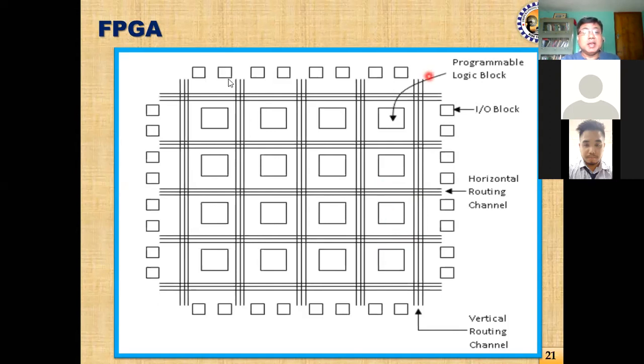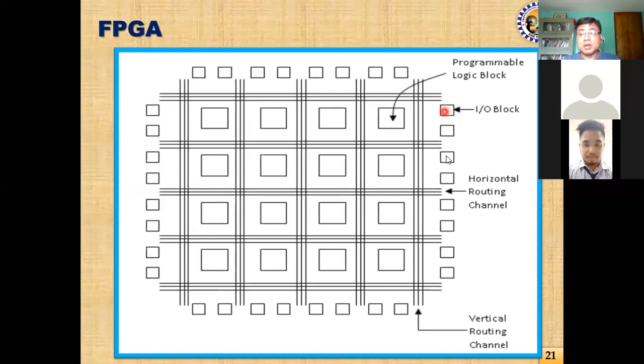Now, again, FPGA is an IC. So this IC has to receive external inputs, and whatever has been processed within this has to be sent to the outside world. For that purpose, we need IO blocks, we need IO pins.